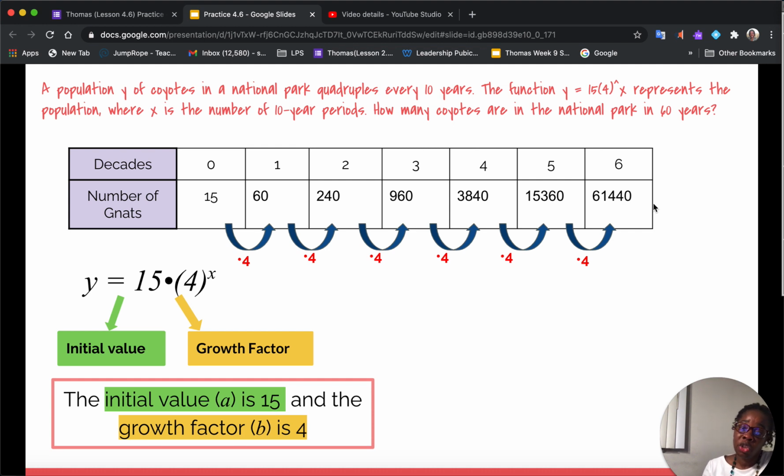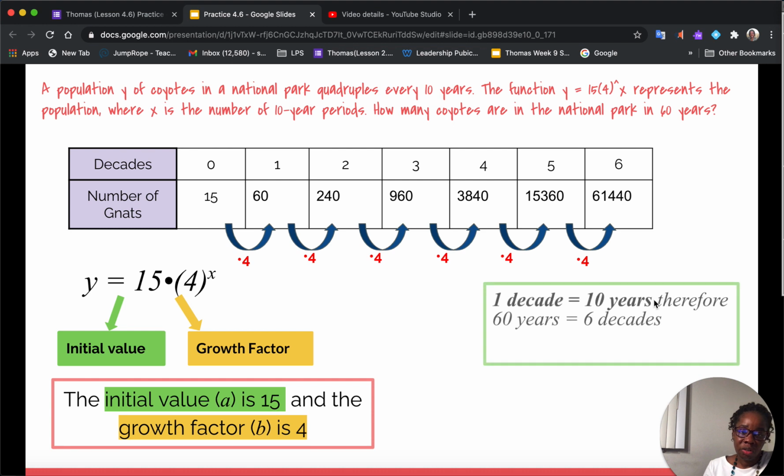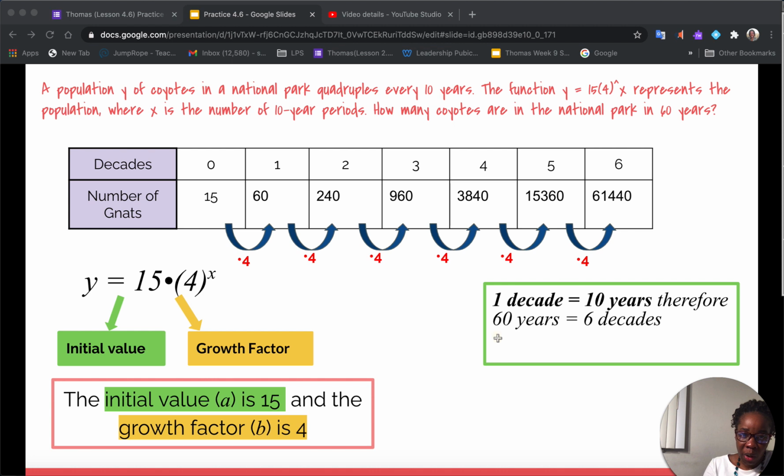Now, if we were using the equation as seen, just making the connection, 1 decade is equal to 10 years. Therefore, 60 years would be equal to 6 decades. So what we would do if we're using the equation here, we would say y is equal to 15 times 4 raised to the 6th power.